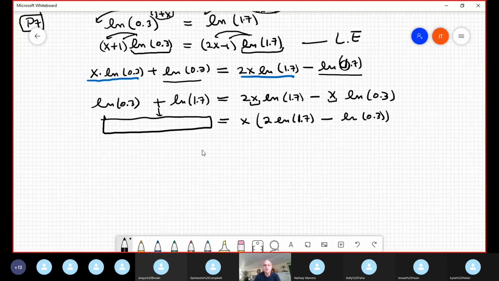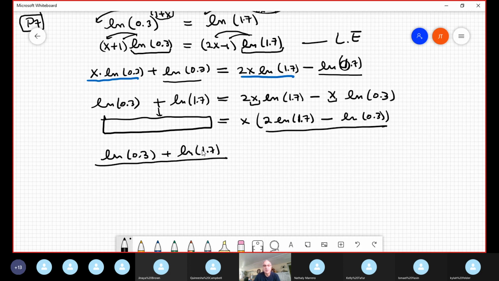In order to isolate x, you divide both sides: this divided by this, right? It's 2 ln 1.7 minus ln 0.3, and this is x, right?